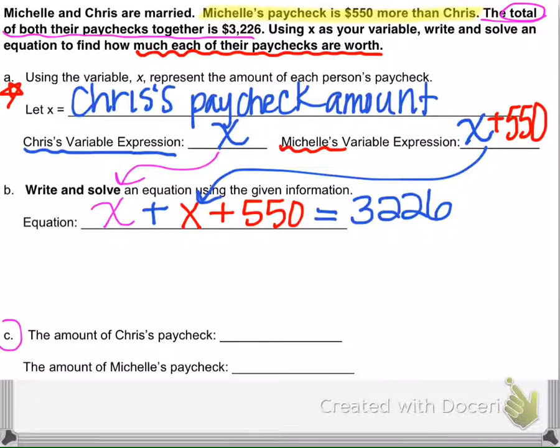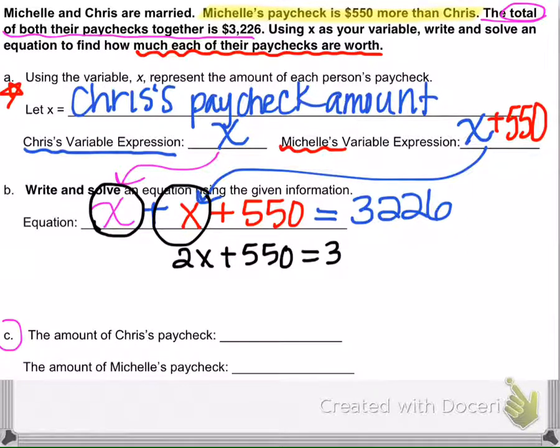When we solve an equation, we're going to go ahead and combine like terms. So we're going to put X and X together. That's 2X. Our goal is to get the 2X isolated, so we're going to take 550 away from both sides.